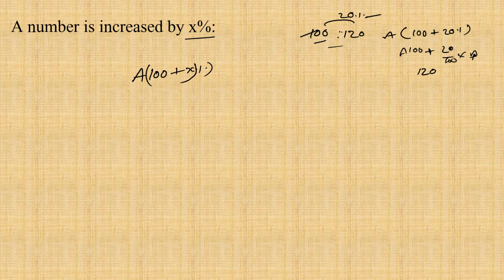When a number is decreased, then in the form of variables 100 minus x%. Any number is itself 100%, that is a by a gets cancelled.